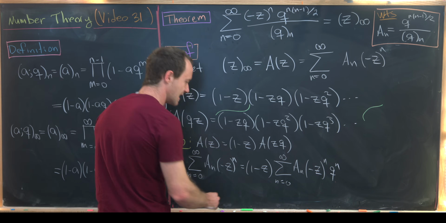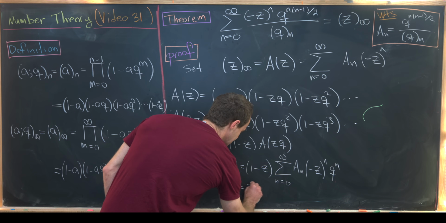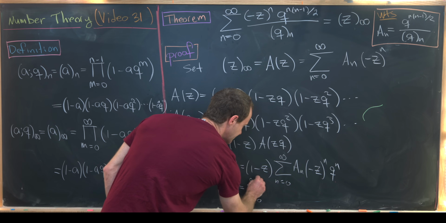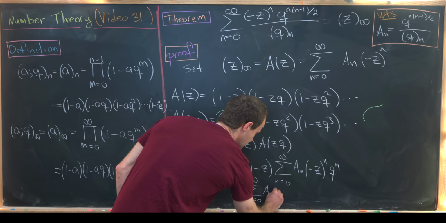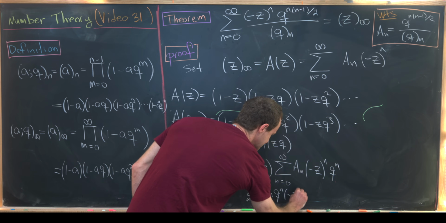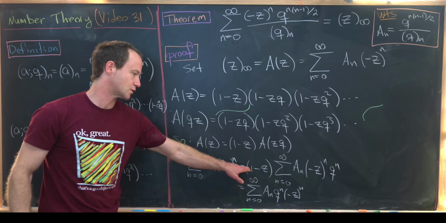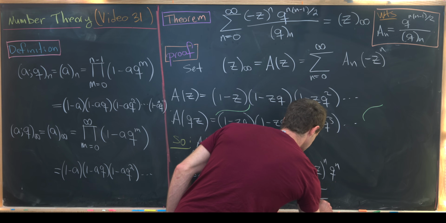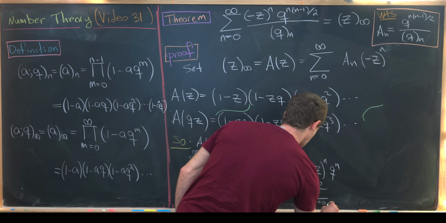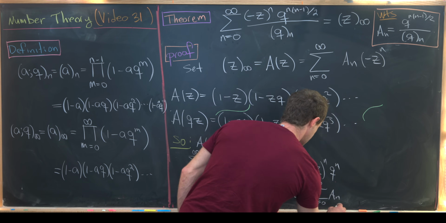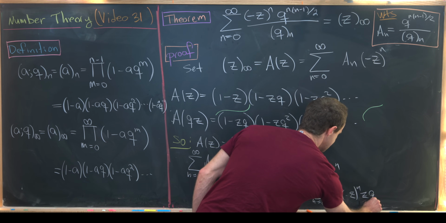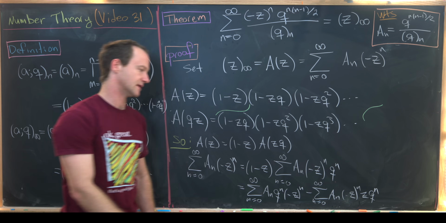Next, I'll multiply this through, and let's see, that's going to give me this sum as n goes from 0 up to infinity of a_n q^n (minus z)^n. That's from this one term. And then minus my sum as n goes from 0 up to infinity of a_n (minus z)^n times z times q^n, like that.